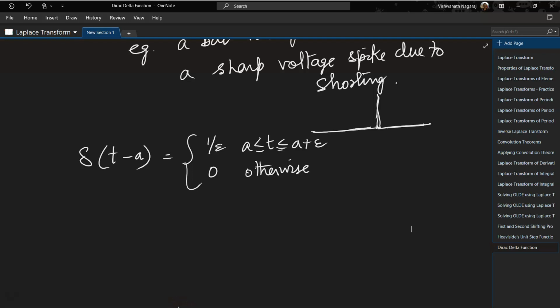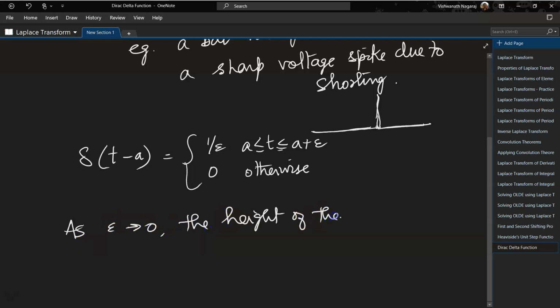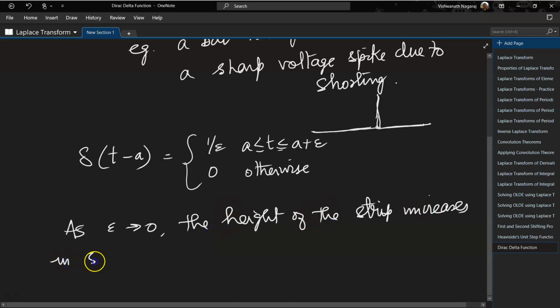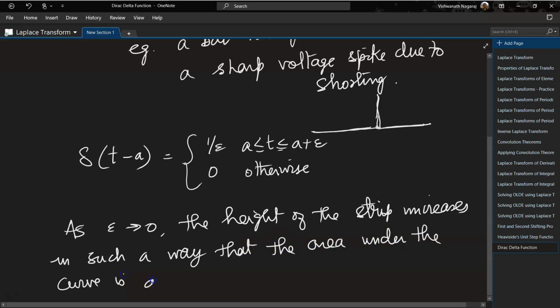But the thing is, let me mention that as epsilon tends to 0, the height of the strip increases in such a way that the area under the curve is always 1.